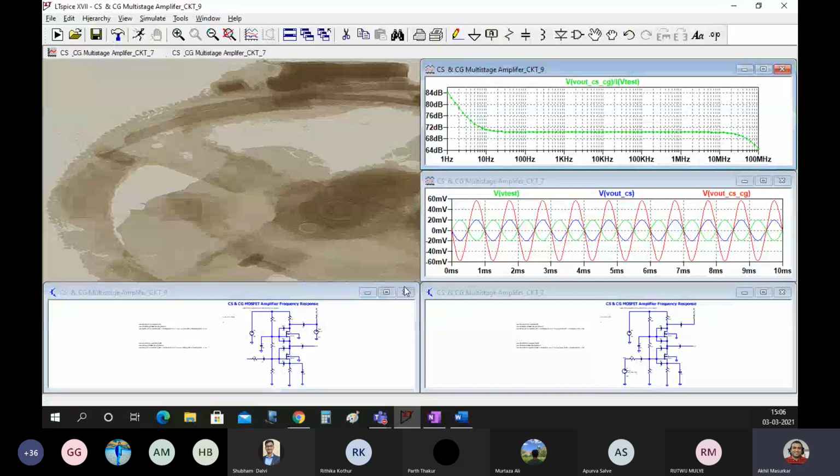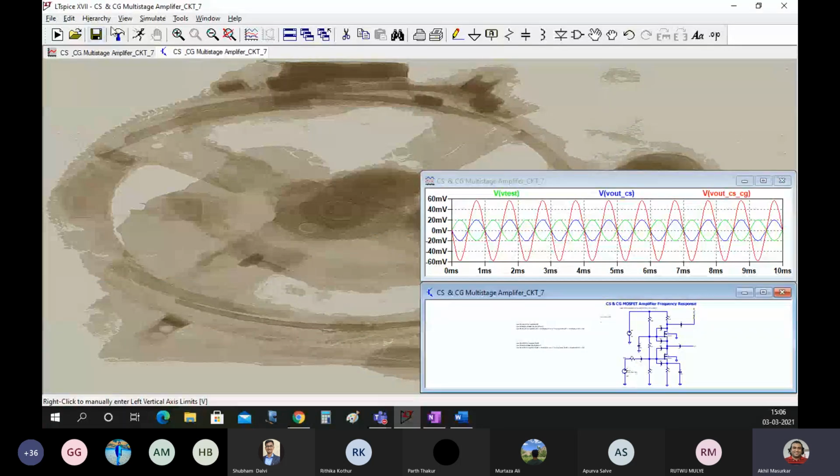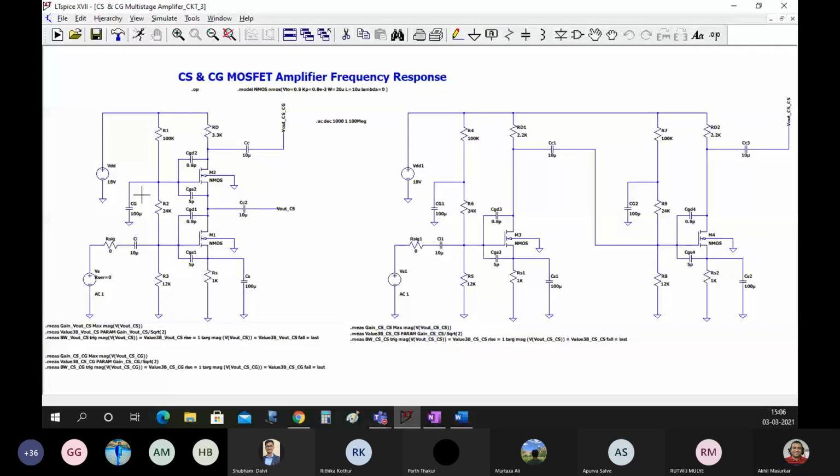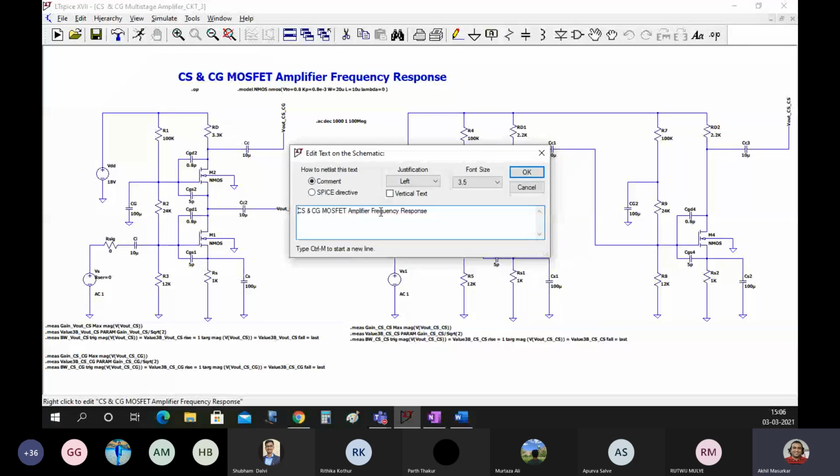So here we will say this is a comparative study, CS-CG and CS amplifier. Okay, so it's a comparative study.